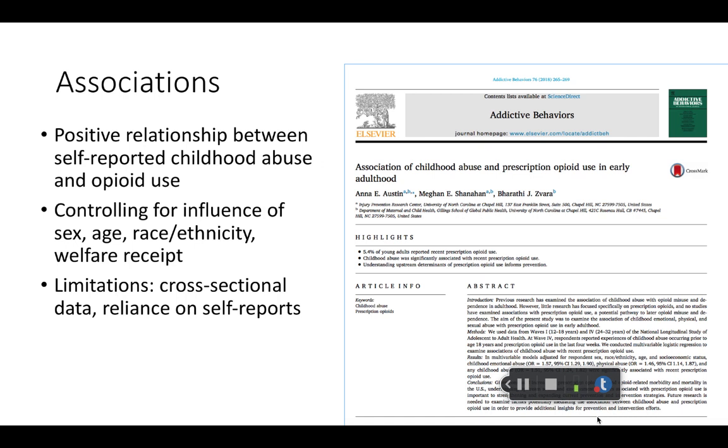In this study, they do. But the study is limited in some ways. It uses cross-sectional data collected at one point in time, and it relies on self-reports of both childhood abuse and current opioid use. We'll come back to this study in a minute.